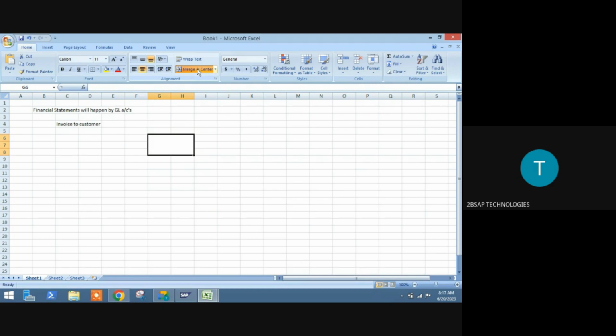Forget about taking it from a third party. Now the respective stock or services is available with you. Then in such cases, what is your sales process? From where will the sales process start?